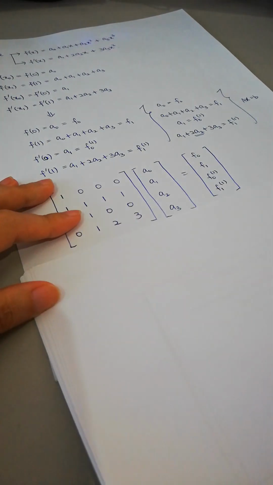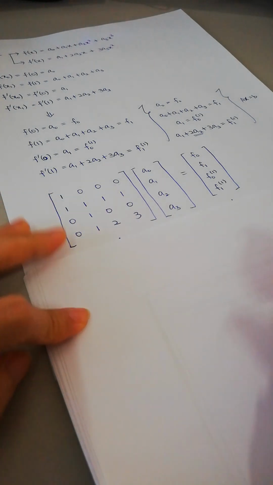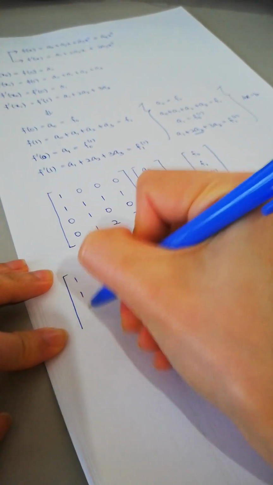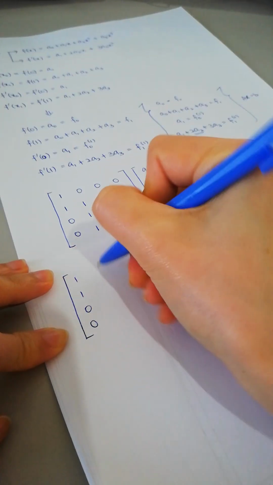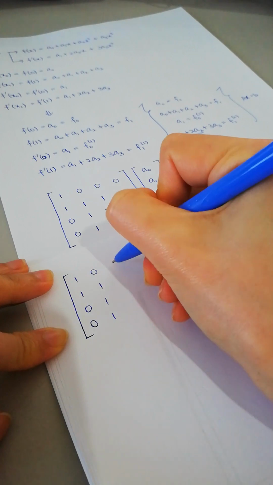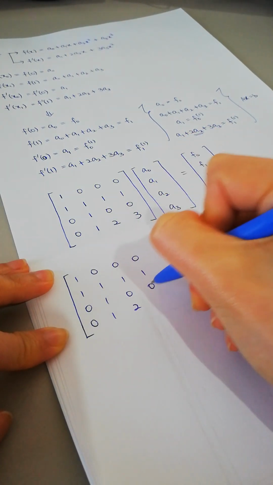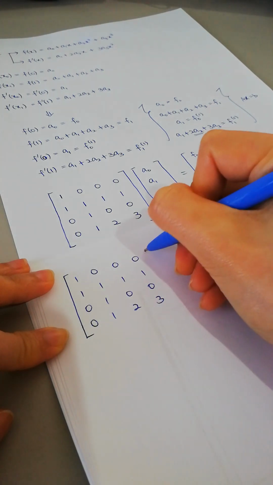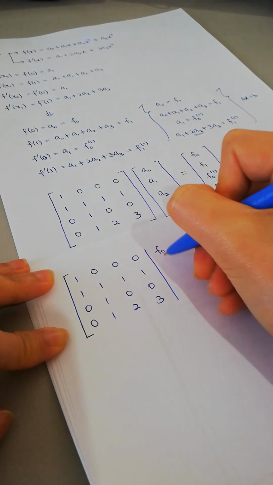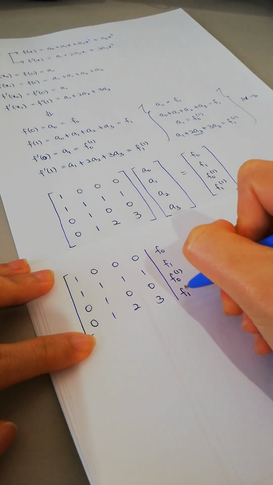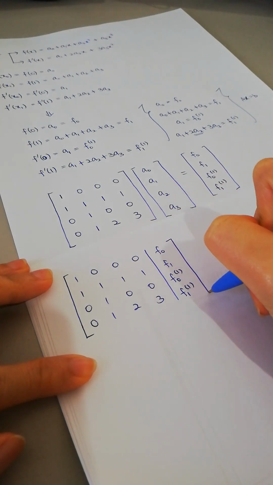Now you can write down the augmented matrix of this system of linear equations. The augmented matrix will be 1, 1, 0, 0, 0, 1, 1, 1, 0, 1, 0, 2, 0, 1, 0, 3, followed by f0, f1, f'0, and f'1.